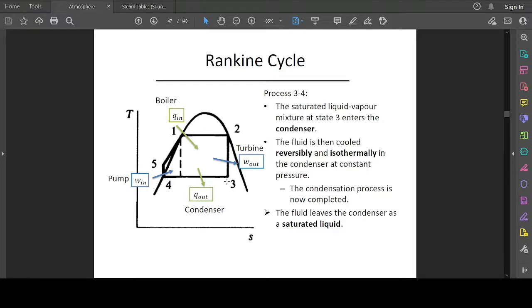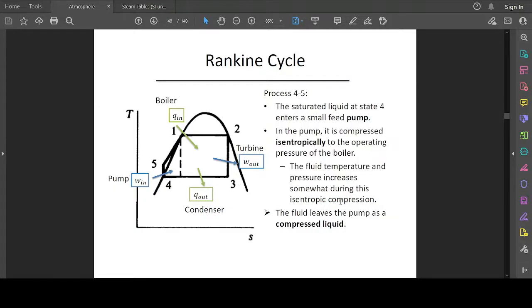The fluid is then cooled reversibly isothermally, at constant temperature and constant pressure, in the condenser. The condensation process is now completed, so the fluid leaves the condenser as a saturated liquid as it enters stage 4.